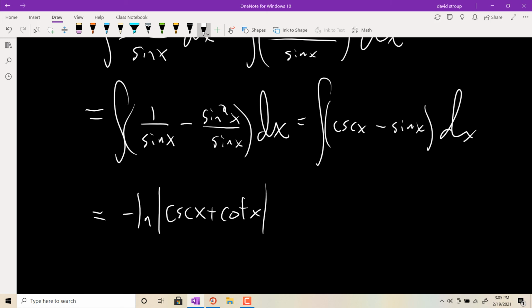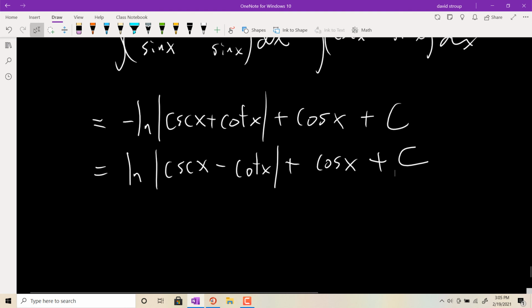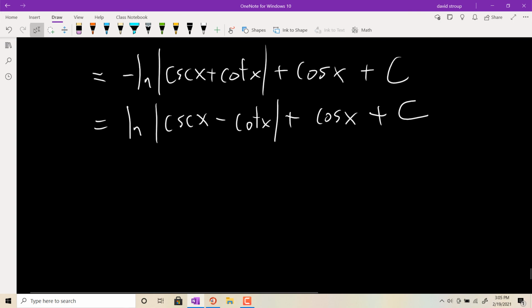And then the integral of negative sine x just gives you plus cosine x. Okay. And of course, I had mentioned above that this is equivalent to cosecant x minus cotan x plus cosine x plus c, using the power rule for logarithms and some clever identities.